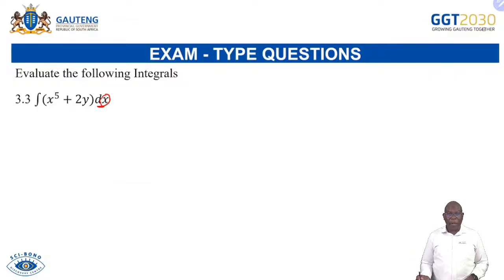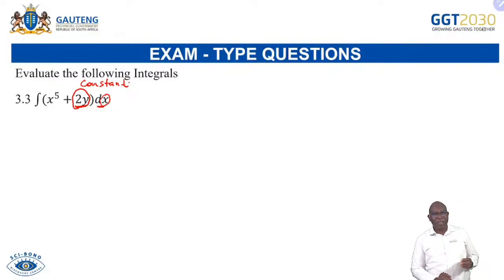So there's only one term with an x. That number here, the one that we're having here, it's our constant. So what do you say about the constant? We just add the value of x. Every time you see a constant, you just add an x when you are integrating. So if they said dy, my x to the power 5 will be my constant. But that's how it works.